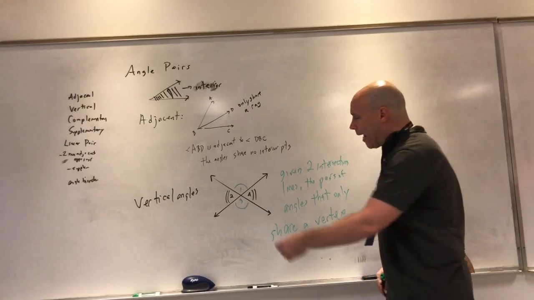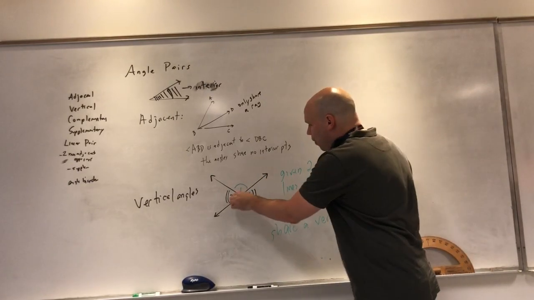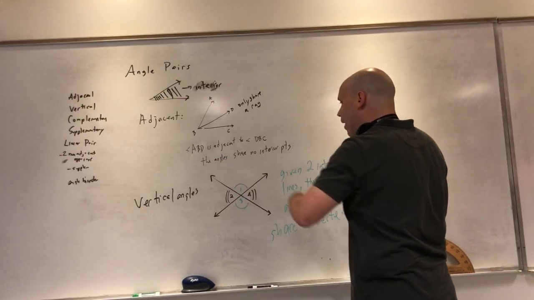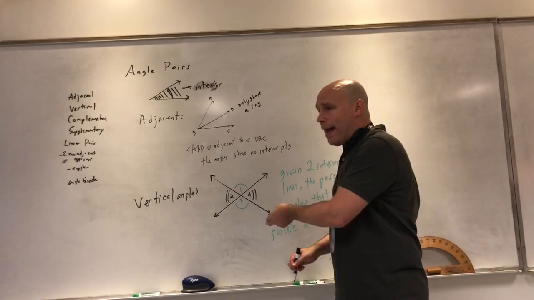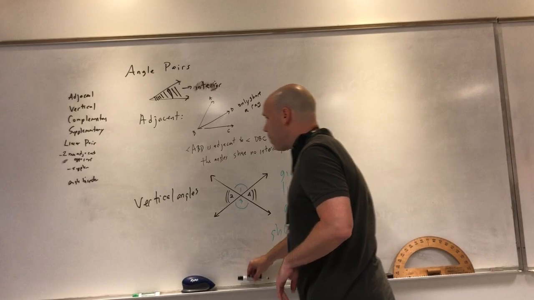We can see that angle 1 and angle 3 only share that vertex, and 2 and 4 only share that vertex. Hence we call them vertical angles or vertical pairs, and we can also say that vertical angles are congruent. We're going to prove that in the next class.